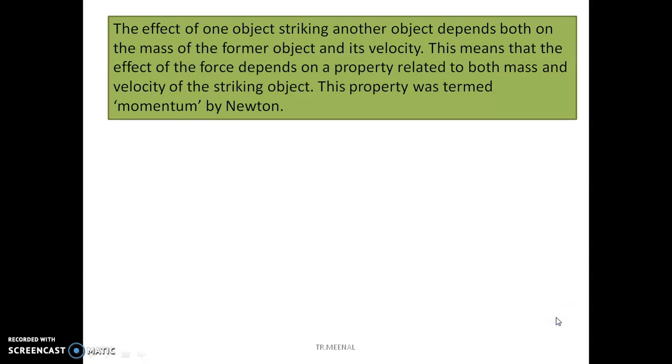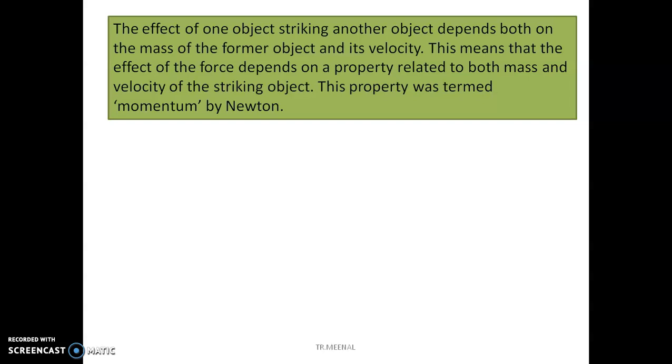So this is explained by Newton's second law of motion. Let's see what that is. The effect of one object striking another object depends on the mass of the former object and its velocity. It means that the effect of force depends on a property related to both mass and velocity of the striking object.